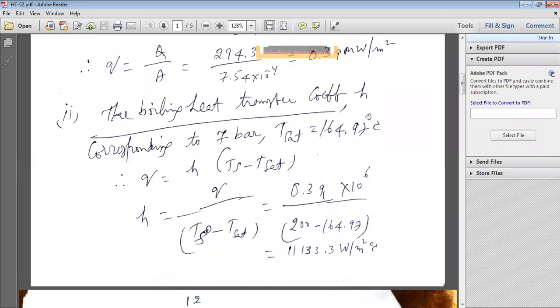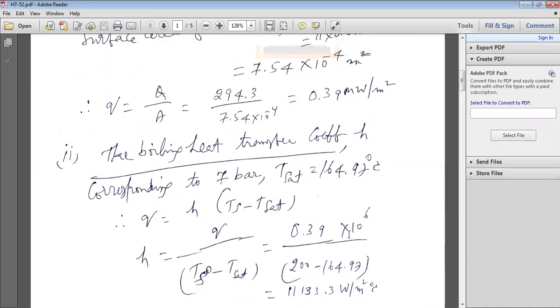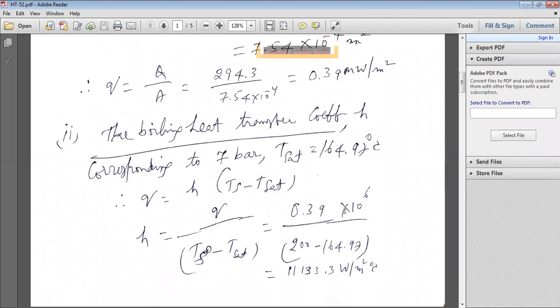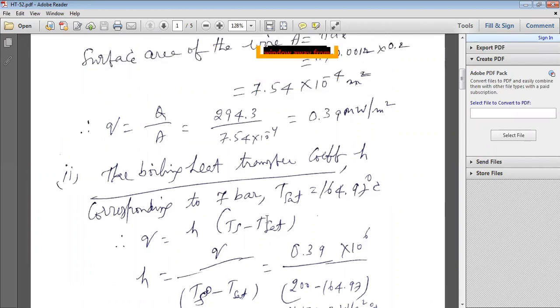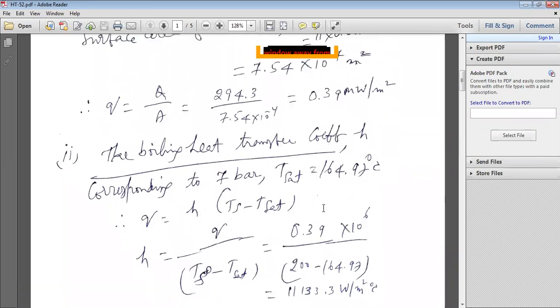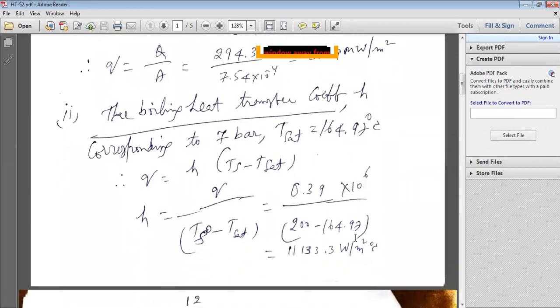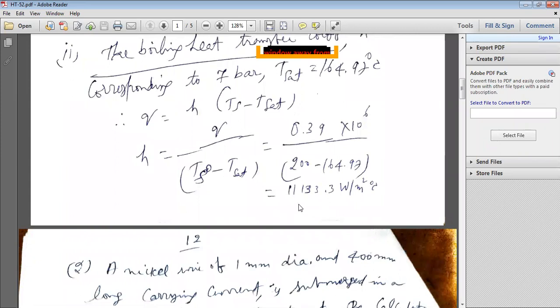That is 0.39 megawatts, converted to watts, 0.39 into 10 power 6, divided by Ts, 200 degrees centigrade, minus T saturation, 164.97. From this, the boiling heat transfer coefficient is 11,133.3 watt per meter square Kelvin, or watt per meter square degrees centigrade.